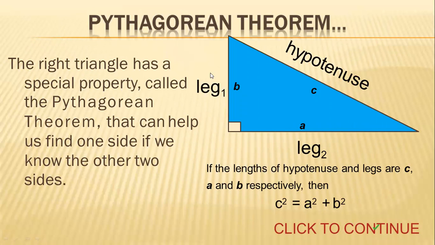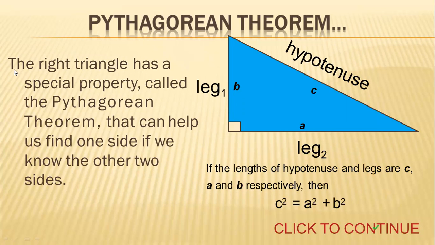Pythagorean theorem. Please read this one. The right triangle has a special property called the Pythagorean theorem. It can help us find one side if we know the other two sides. Yes, I think you are recalling now.